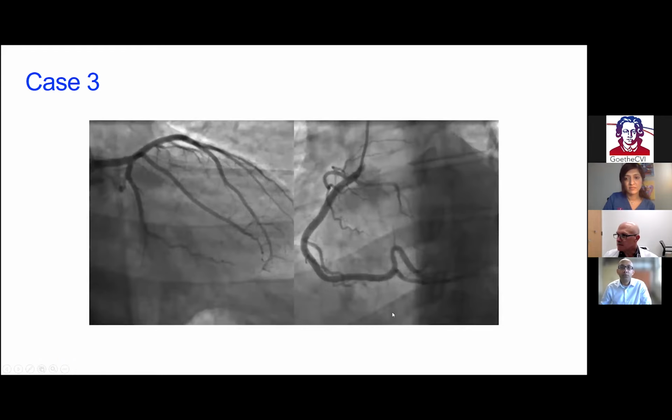So he went straight from the echo lab to the cath lab, and interestingly, and to our surprise, he did not really have any obstructive CAD. And so from here, the patient was sent for a stress CMR to figure out what exactly was going on.